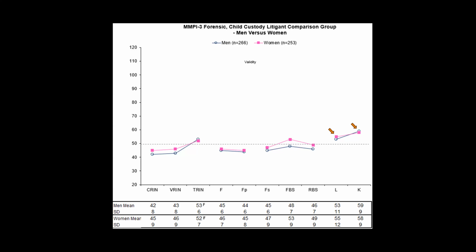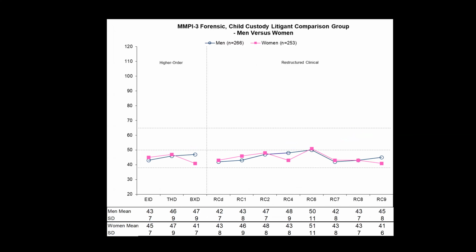And we can see that, as we might expect, given the demand characteristics of child custody evaluation, we see above average scores on L and on K for this sample, very consistent with previous research with previous versions of the MMPI with child custody litigants.